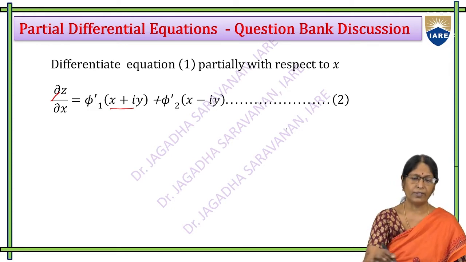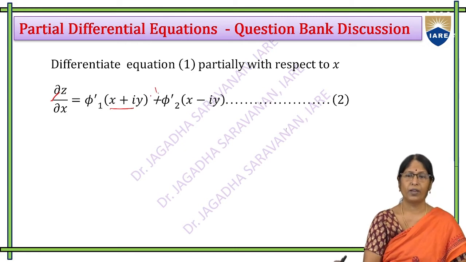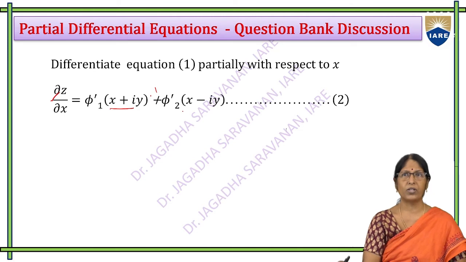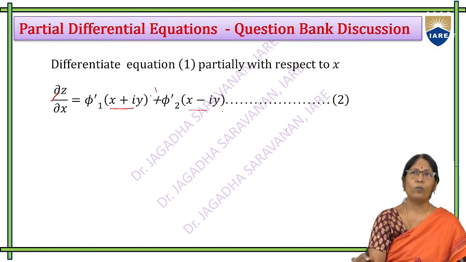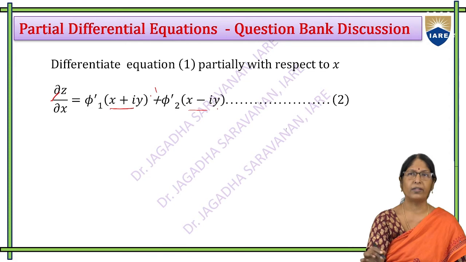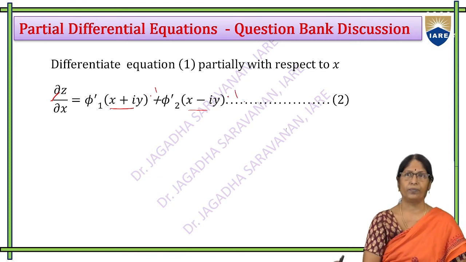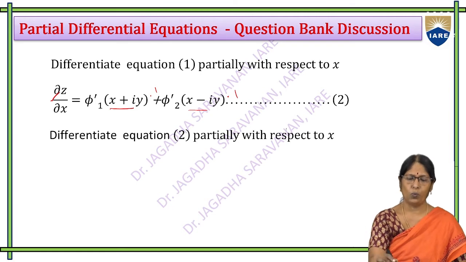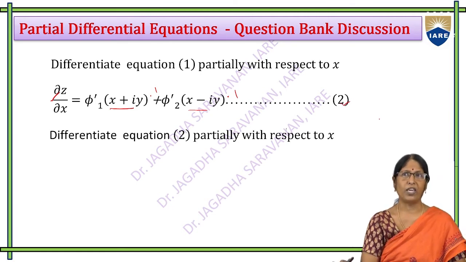There the x differentiation is 1, so into 1 is there. The differentiation of phi2 is phi2 dash, where phi2 is defined in terms of x minus iy. The x differentiation is into 1. So we obtained this, and we named it as equation 2.